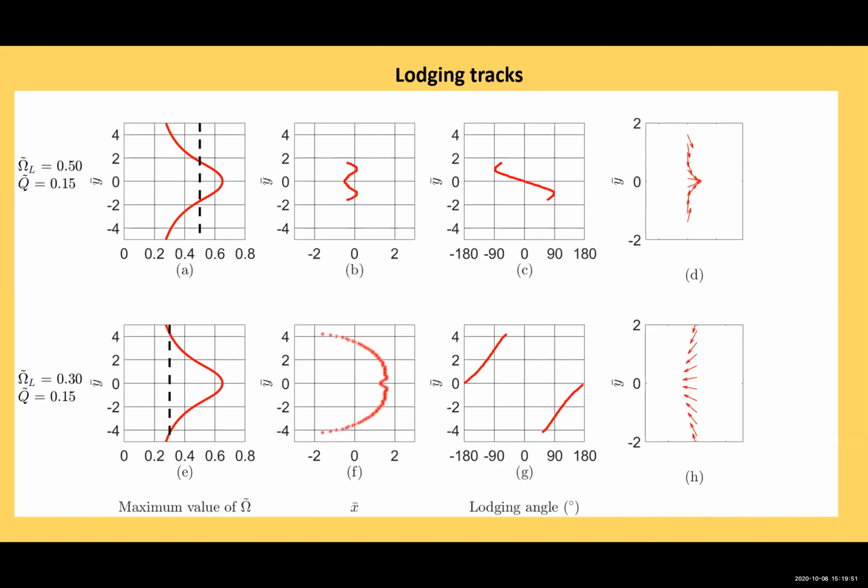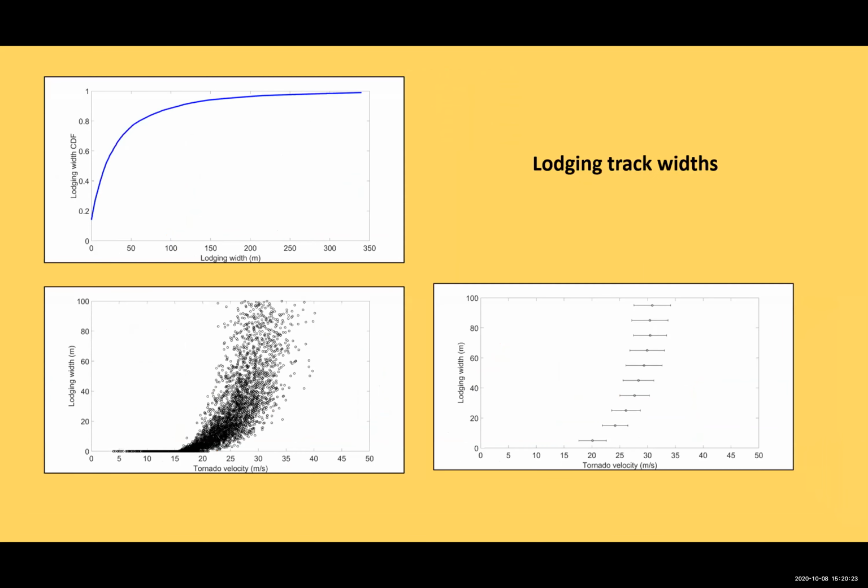And the second column shows the x direction at which lodging occurs. It obviously occurs first in the middle. The third direction shows the actual lodging direction relative to the direction of tornado travel, and that's plotted in vector form in the final column. And we can do this for any range of parameters, and we do get quite significant changes in fall direction, and these seem to tie together with what we measure in the field.